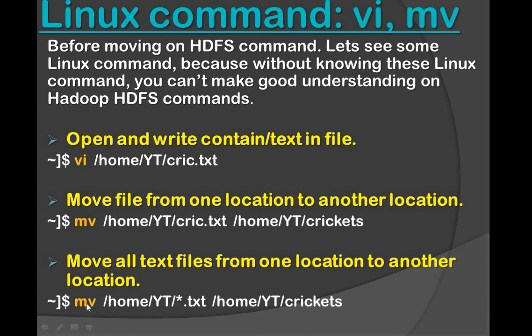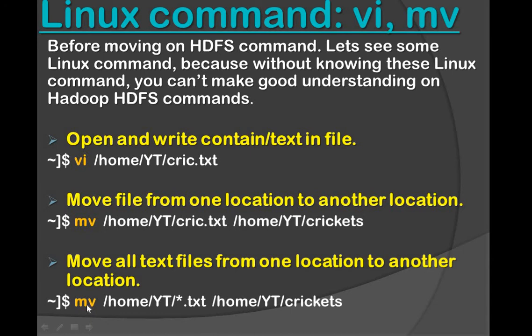So I use like this: mv space slash home slash yt slash star.txt. Star.txt means all the text file within yt folder. So it is moving from yt folder to crickets folder. So I am repeating again.